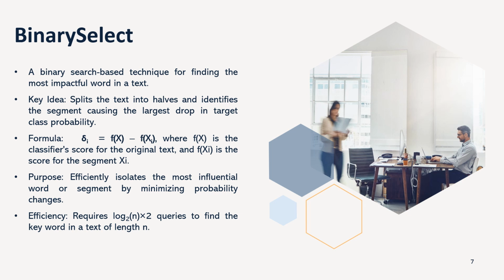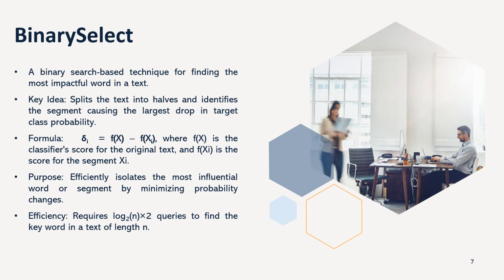In binary select, the classifier is represented as F and the classification score of the text X is denoted as f of x. When binary select partitions the text into two segments, that is x1 and x2, it calculates the probability of f of x1 and f of x2 by excluding these segments from the original text.